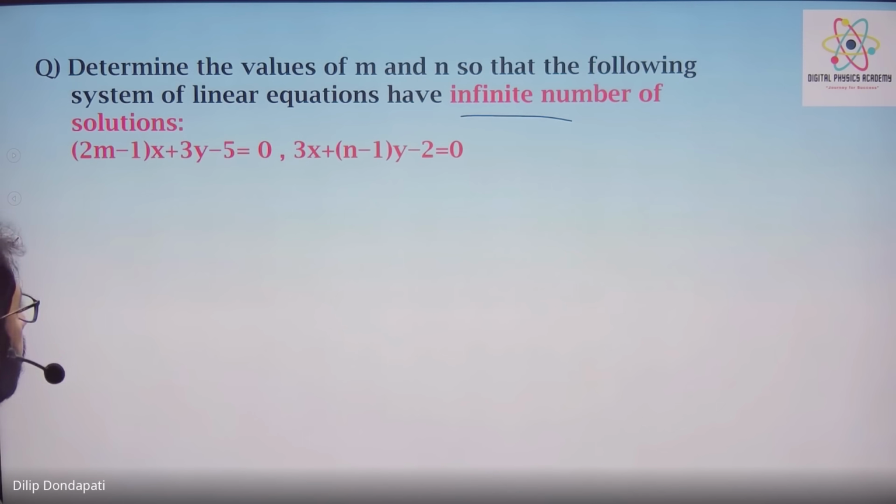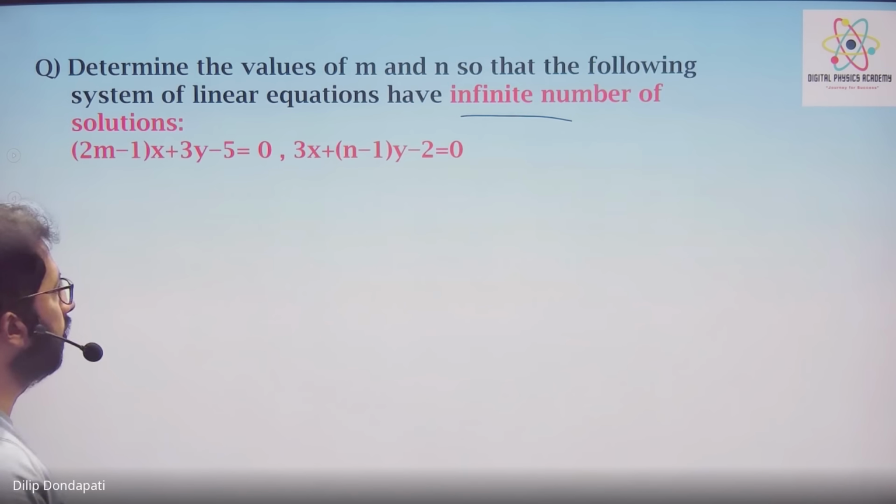Same condition, infinite means a1 by a2, same condition.